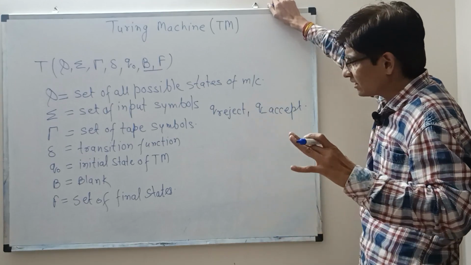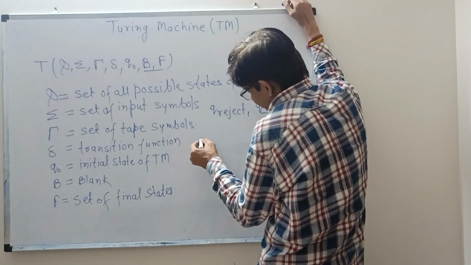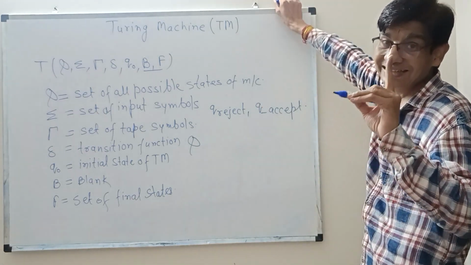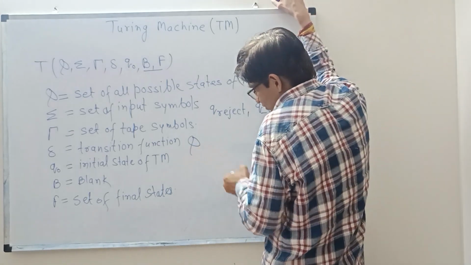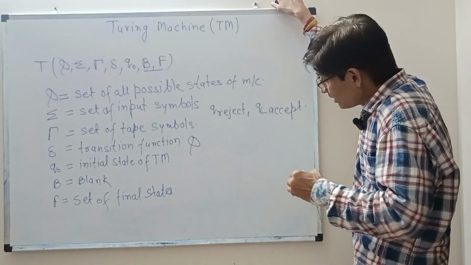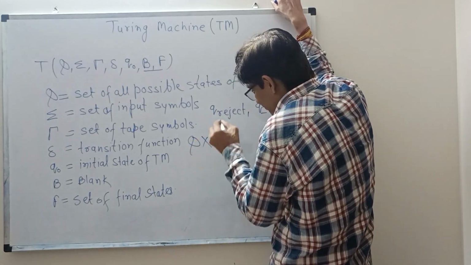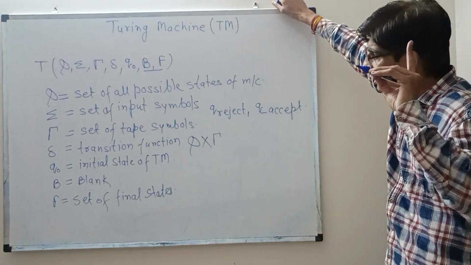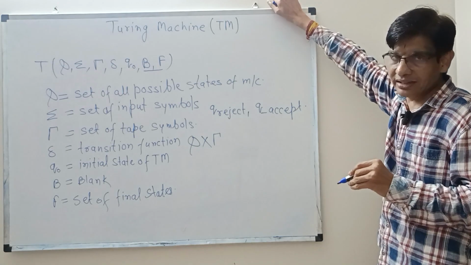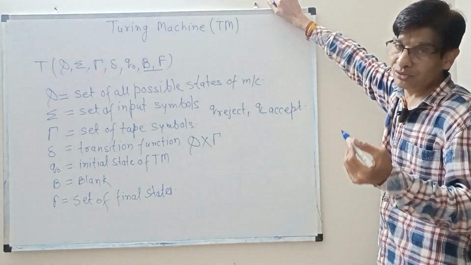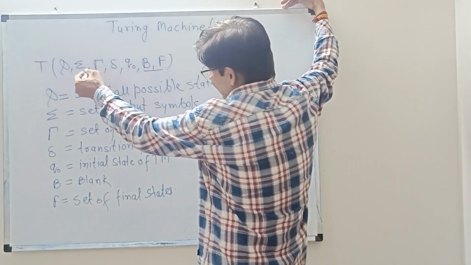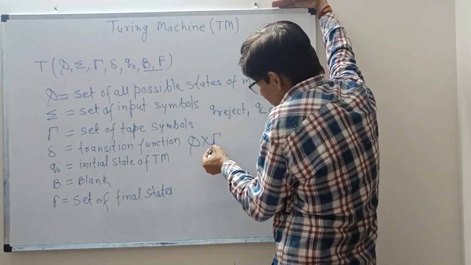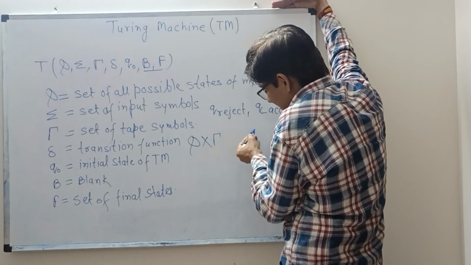Now I will discuss the transition function of the Turing machine in detail. The Turing machine is always in some state, known as the current state, which comes from Q. In that current state it reads some symbol from the tape. As I told you earlier, input symbols are also written on the tape, so all elements of sigma are also in gamma; tape symbols are represented as gamma.